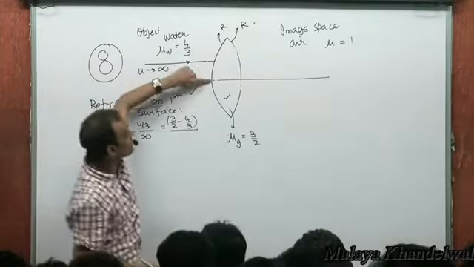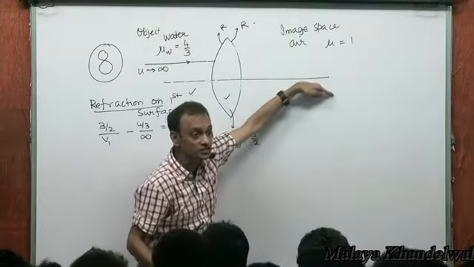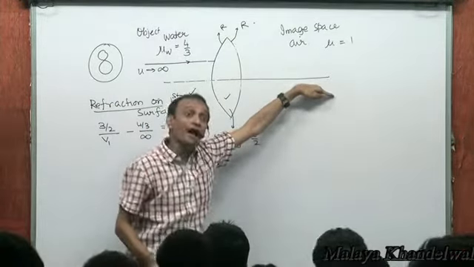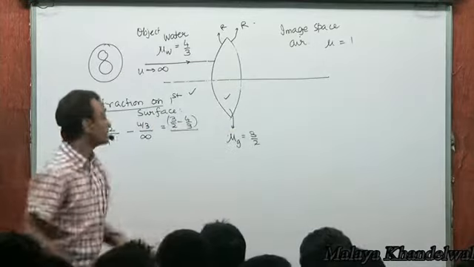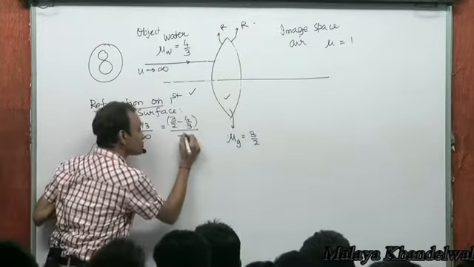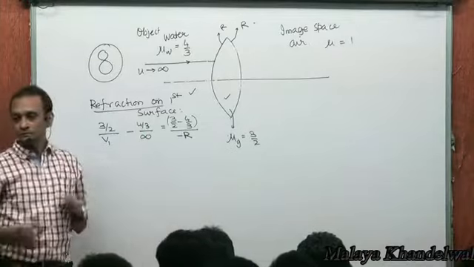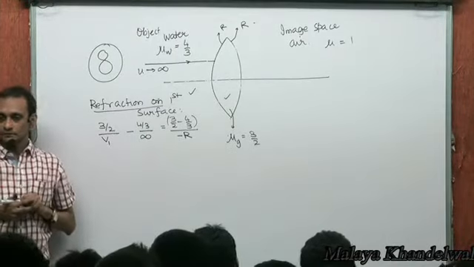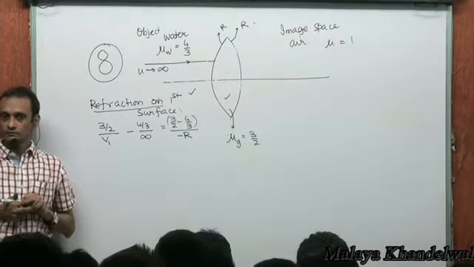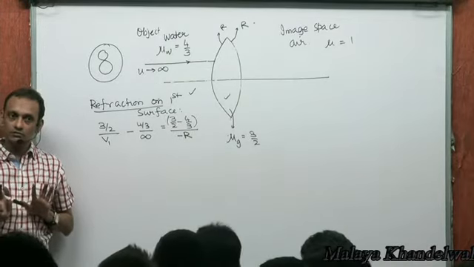Now, the center of this surface lies in this direction, so I'll use minus r as the radius of curvature. So it's going to be minus r. Right?